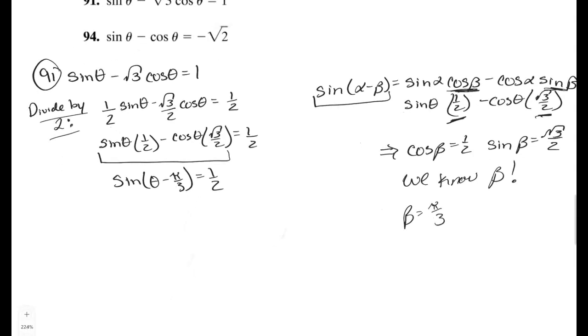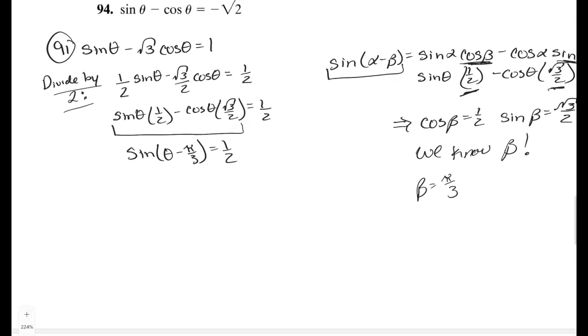Now we can think about where this is happening on the unit circle. Where is the sine equal to 1/2? There are two places that the sine is equal to 1/2. That's happening at pi over 6 plus any iteration of 2 pi.